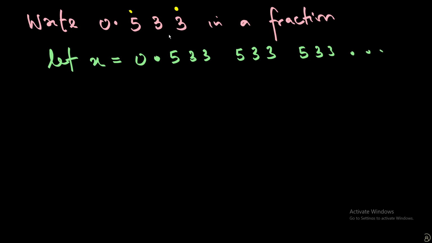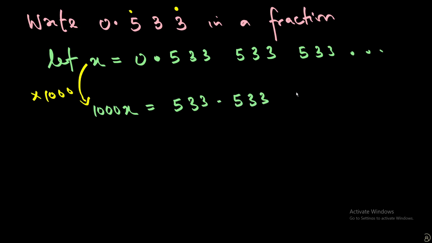Because 3 digits are recurring, we're going to multiply the first equation by 1000. That's going to be 1000x, and also multiplied by 1000, that's going to be 533.533533 recurring.